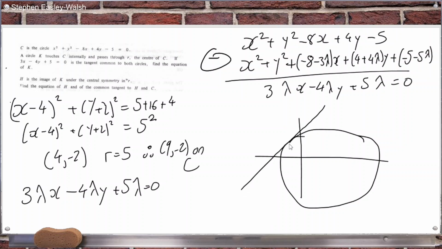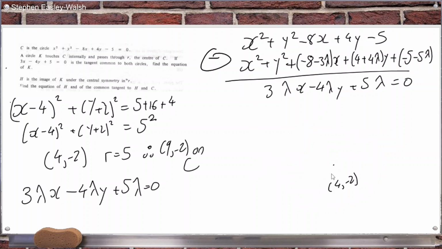And then there's another internal circle here which touches, I think, the point (4, -2). So I know (4, -2) is on the smaller circle. So actually, if I sub (4, -2) into the smaller circle, it should give me the lambda. So let's sub that in and get the lambda.